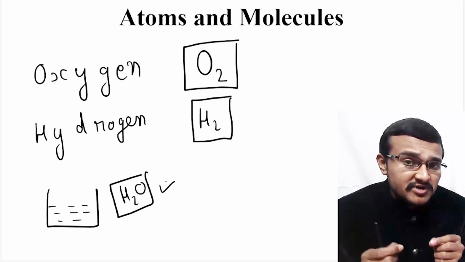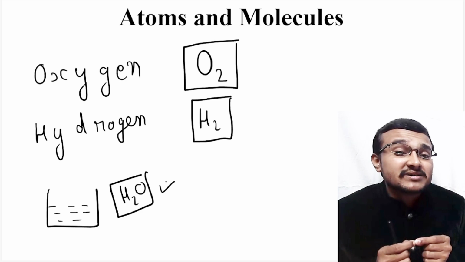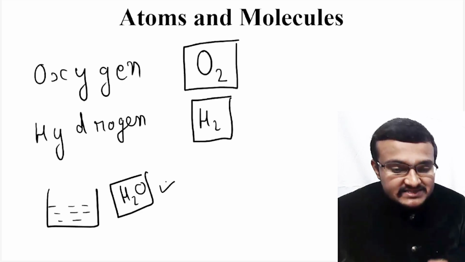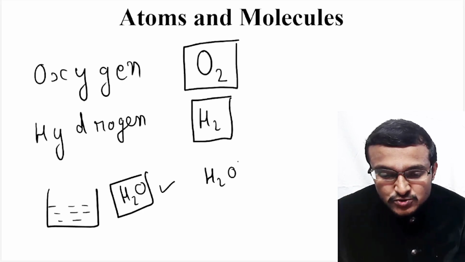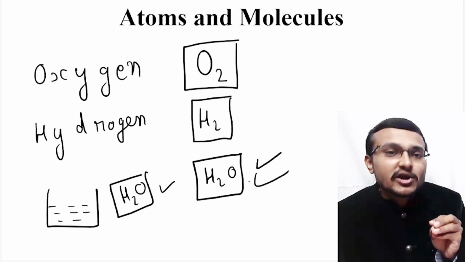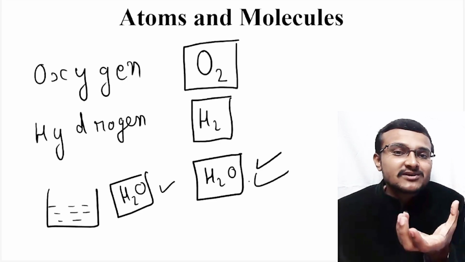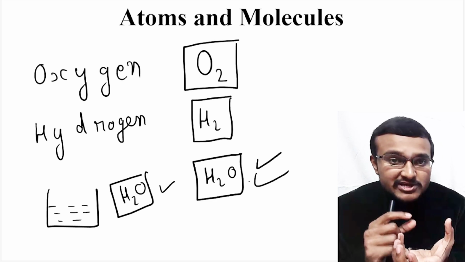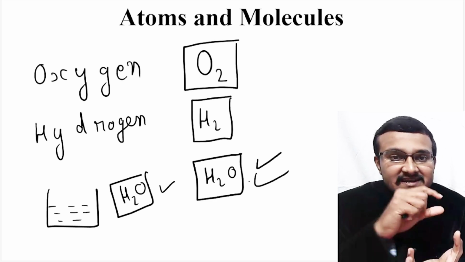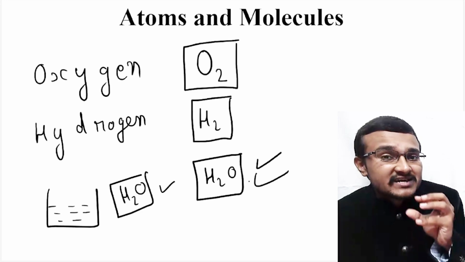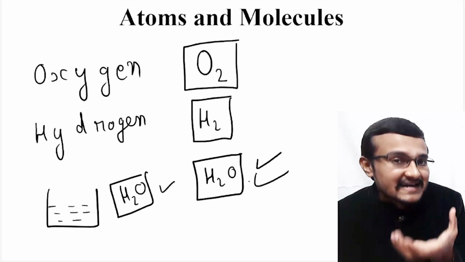And one particular molecule can exhibit the properties of that substance. For example, if you are considering water, then this single H2O molecule can alone exhibit all the properties of water. That is, if you consider water as a bulk, then every single H2O molecule in that water can exhibit the chemical nature of that entire substance.